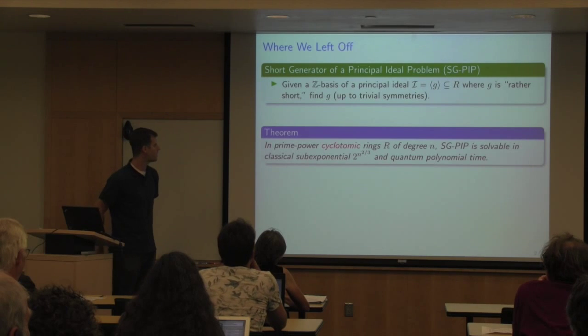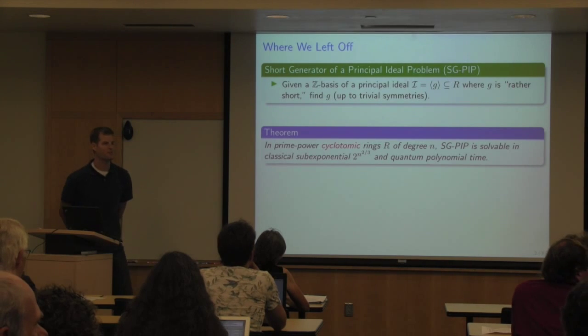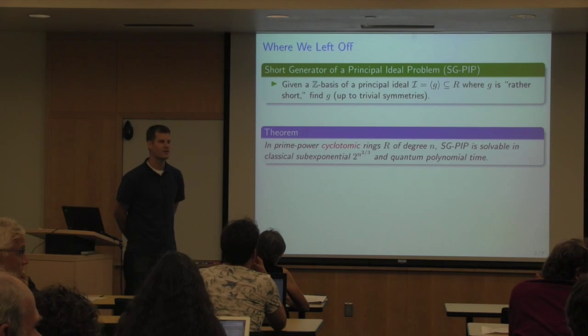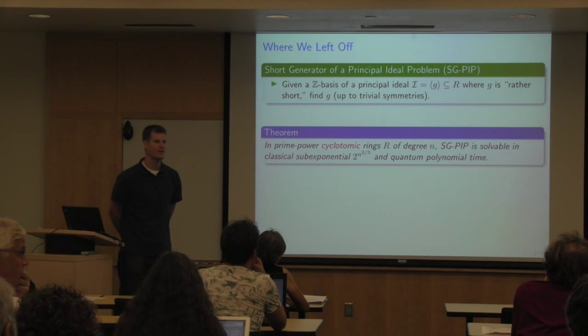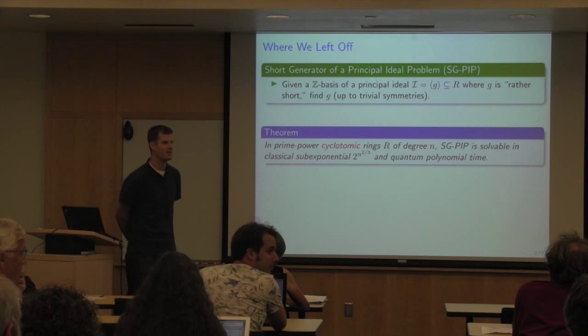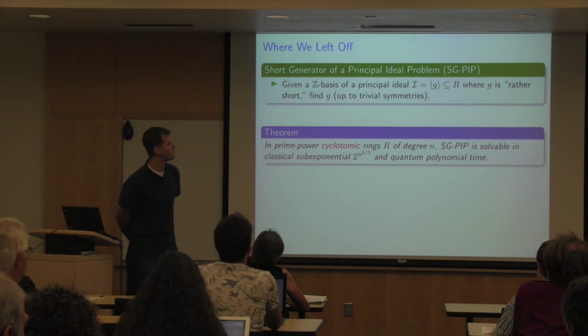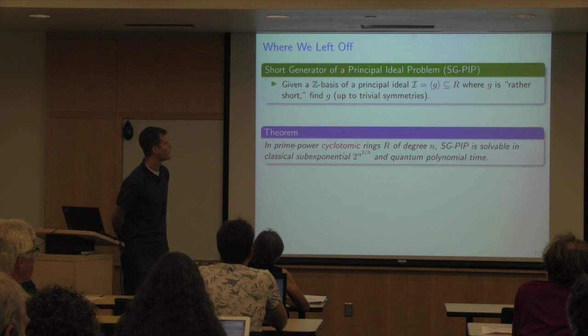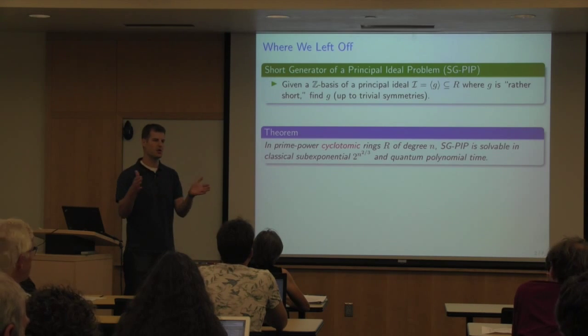So the theorem that Leo told you about. Yes, please. Okay, so it's the same notion of rather short that Leo was talking about. So basically, we want all the embeddings of G to be roughly the same size.